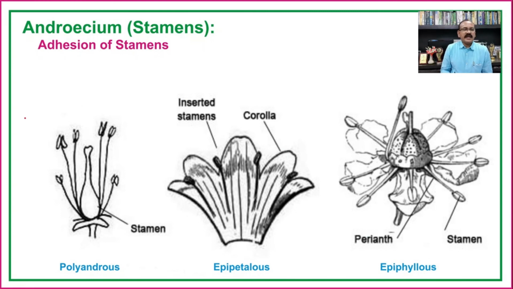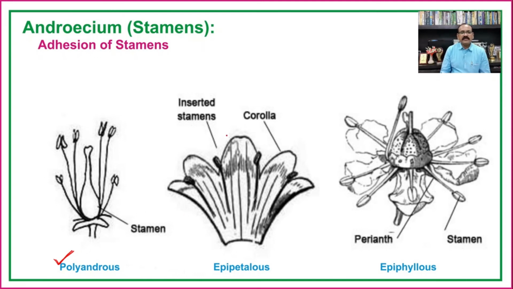Then adhesion of the stamens means attachment of the stamens to a different whorl. In the first one, the stamens are free, not fused with each other, which is the polyandrous condition.